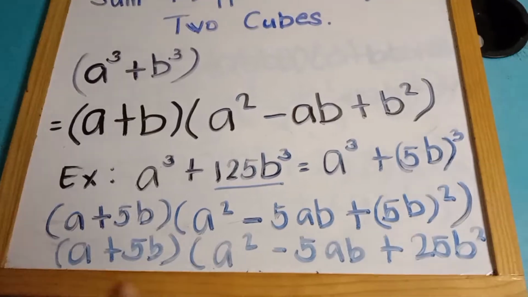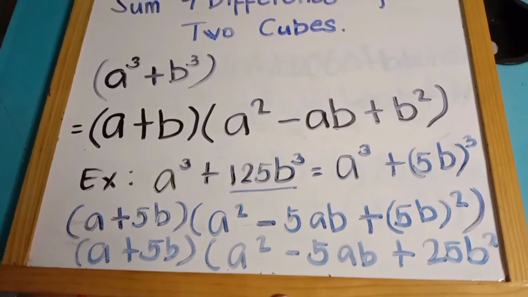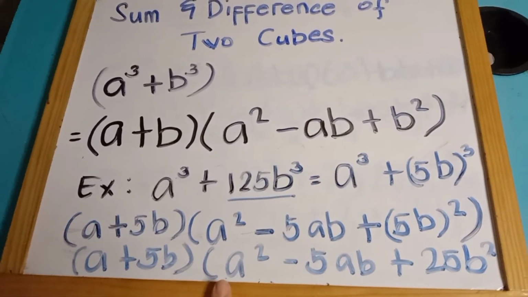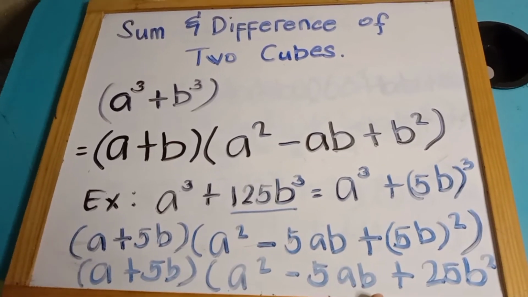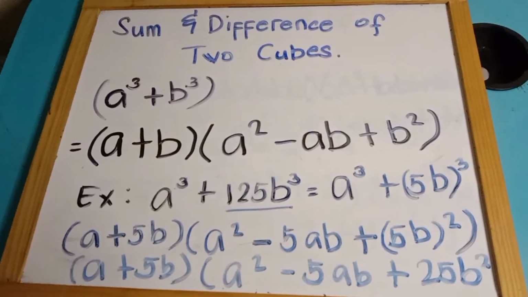So this is now the factor of the sum of our two cubes: A plus 5b times a squared minus 5ab plus 25b squared.